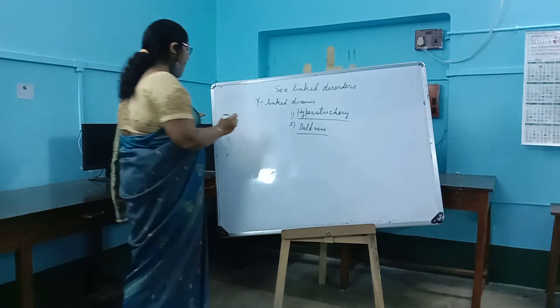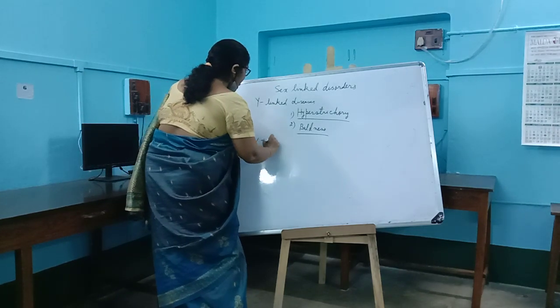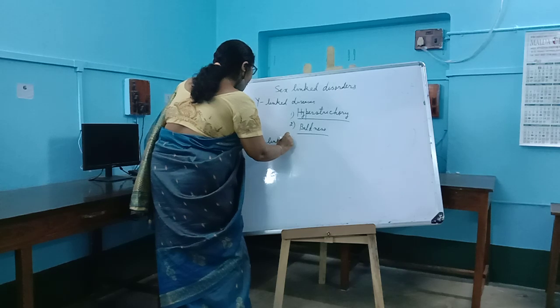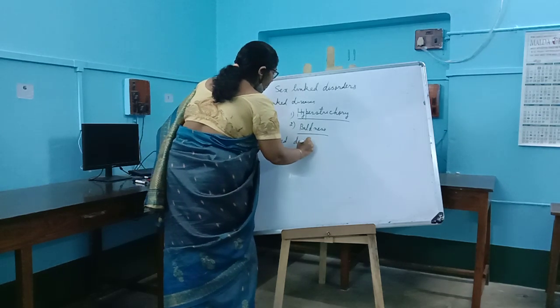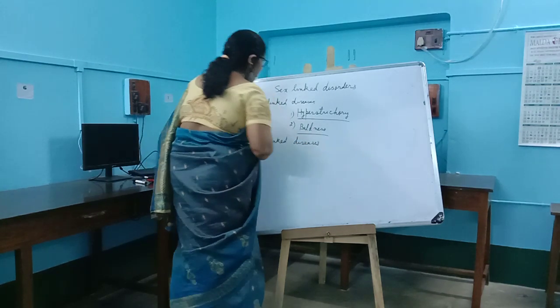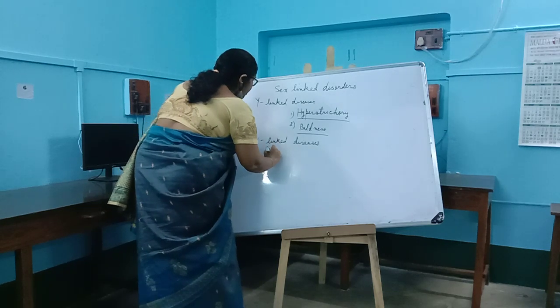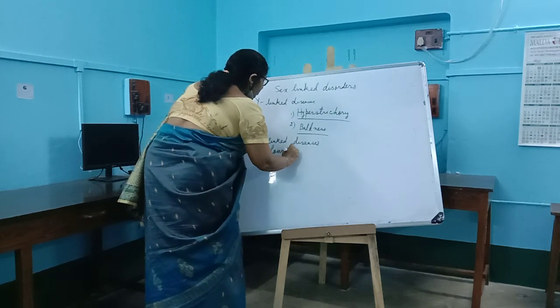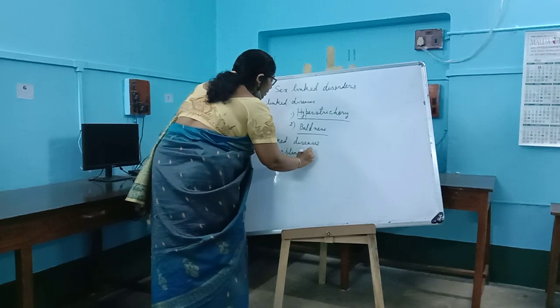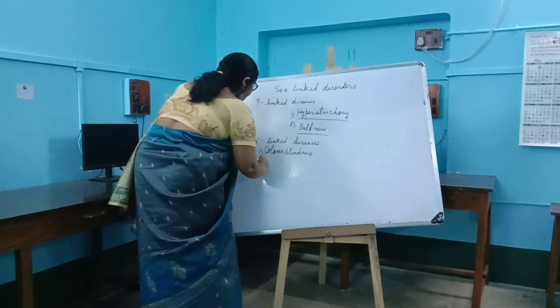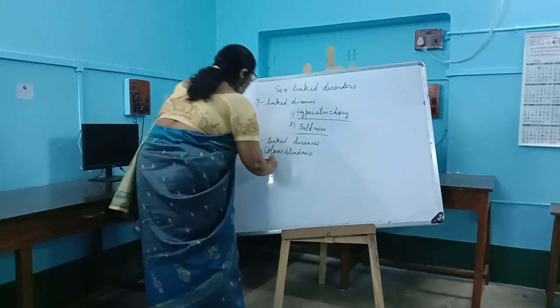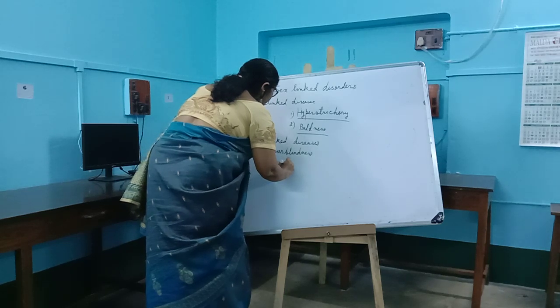Then we will come to the X-linked diseases, which are common in both the males and the females. One is color blindness and the other one is hemophilia.